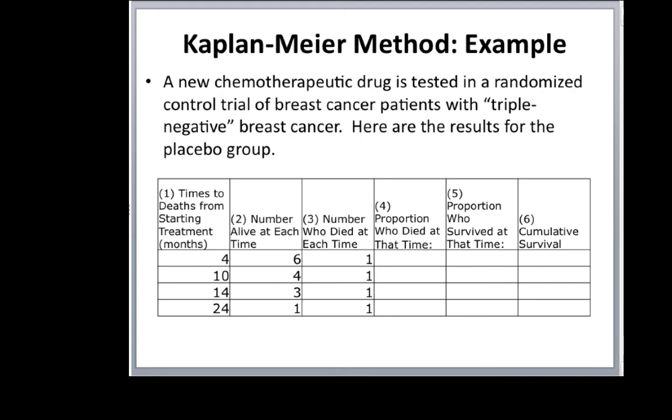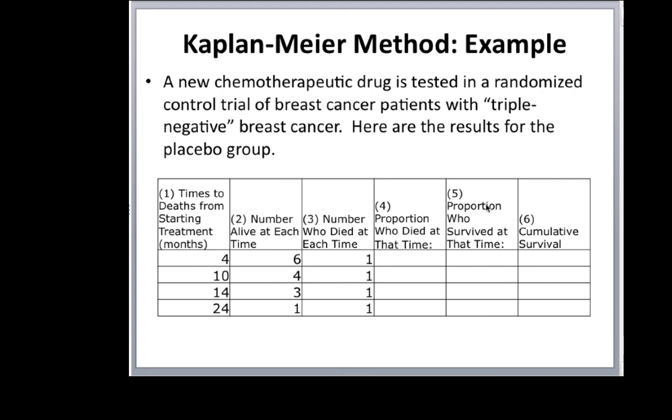Mm-hmm. And 1. Yes. Okay, so then the proportion of people who survived is just 1 minus the proportion of people who died at that time. 0.833. 0.75. 0.667. 0. Good.